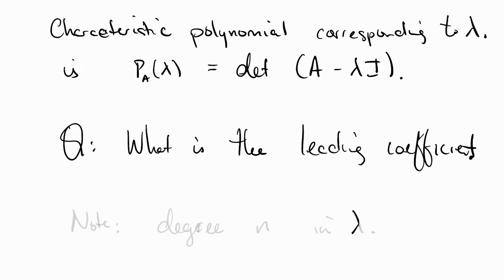All right. We're going to start with the idea that we know that it has degree n in lambda when A is an n by n matrix. So let's explore this idea.